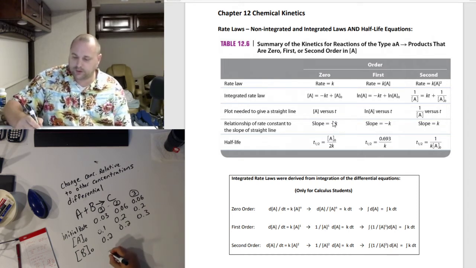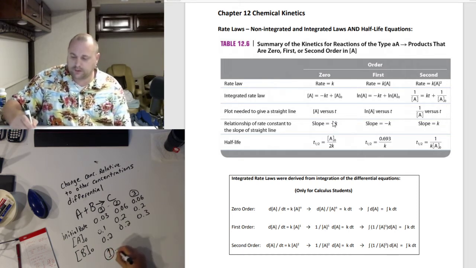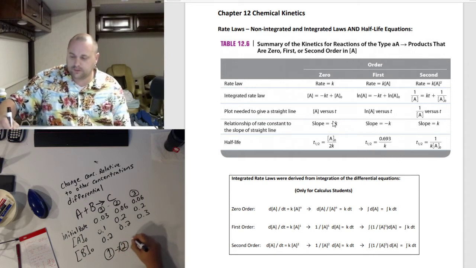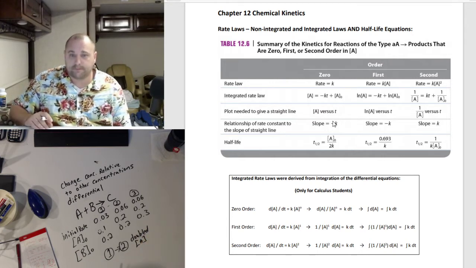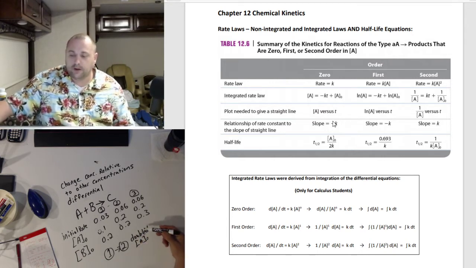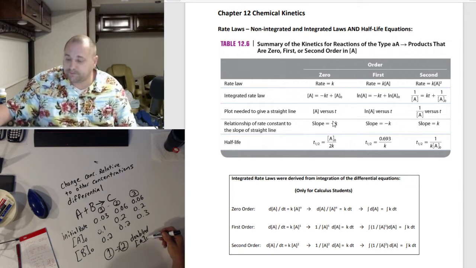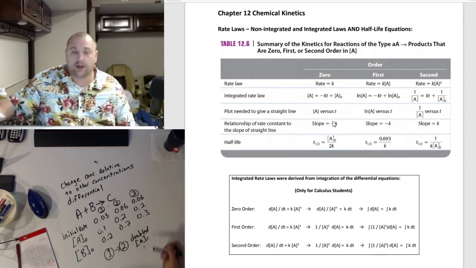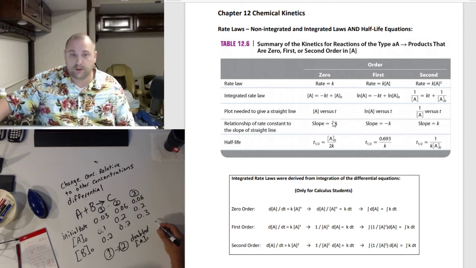So between 1 and 2, they doubled the initial concentration of A. They put twice as much in, and it went twice as fast. So we doubled the rate.